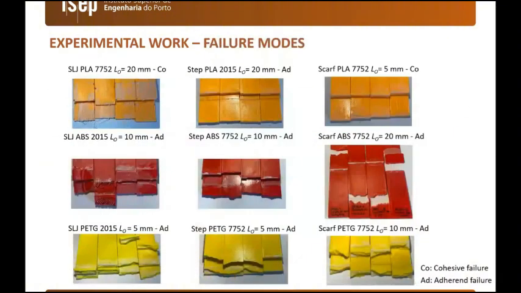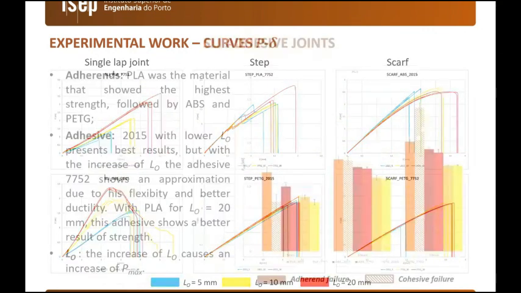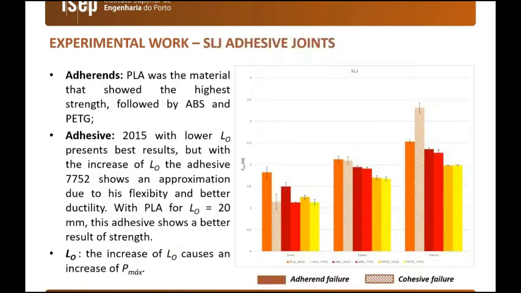Here are some details about different failure modes. We have some cases with cohesive failures in the adhesive and other cases with failure in the adherend. All the P-delta curves were collected for the three types of geometries, and here we present the results divided by joint type.